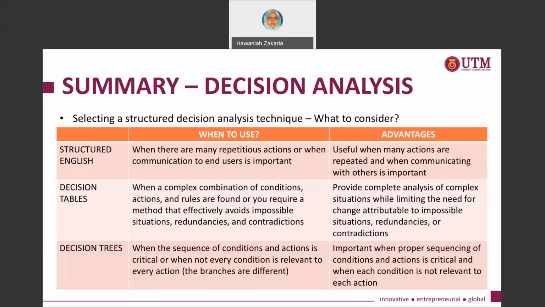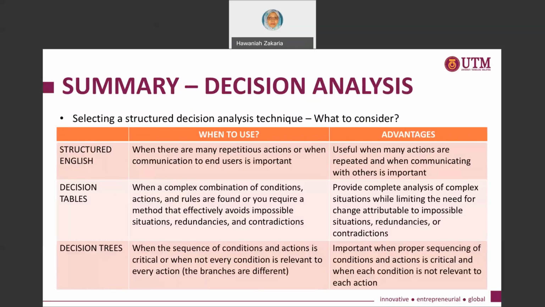Okay, so this table presents a summary. Use structured English when you have many repetition actions, and when communication to end users is important. Advantages: useful when many actions are repeated and when communicating with others is also important.